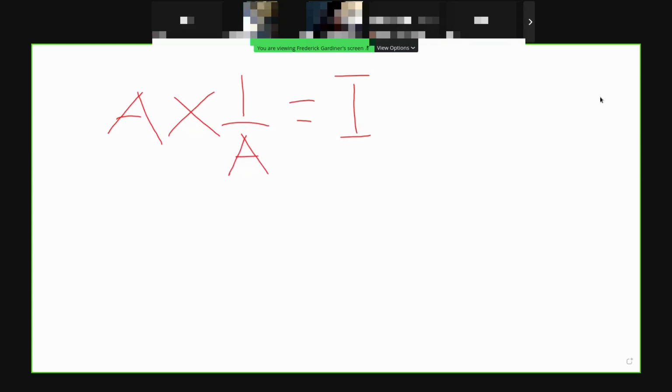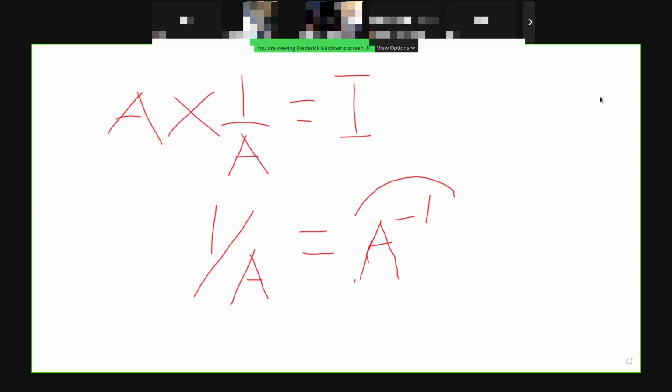Yes, sir. And that 1 over A is the same as A to the power negative 1. So the inverse of a matrix will always be denoted by the matrix to the power negative 1.